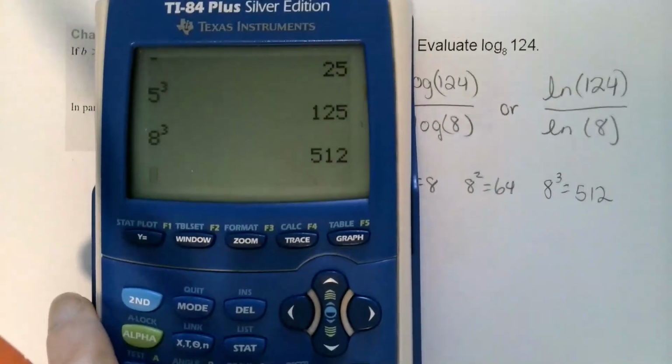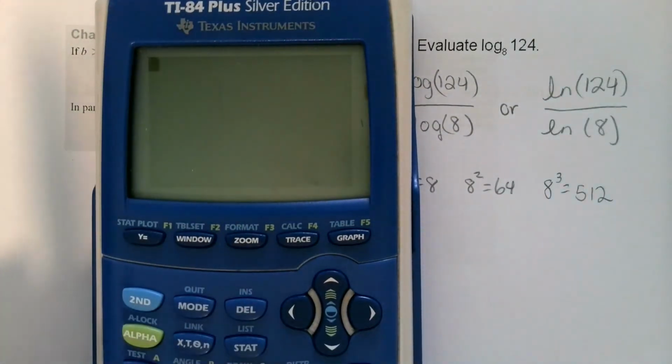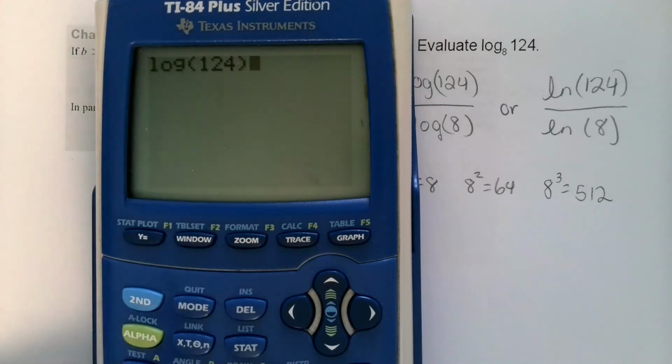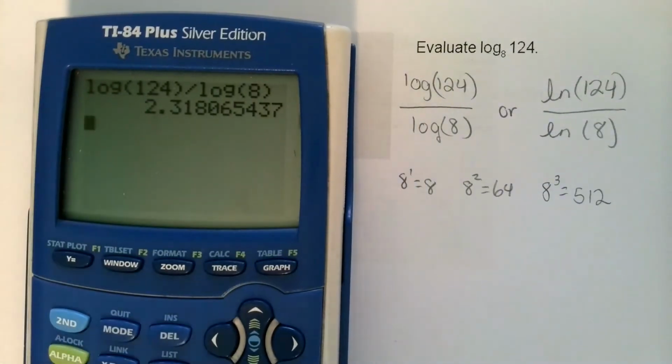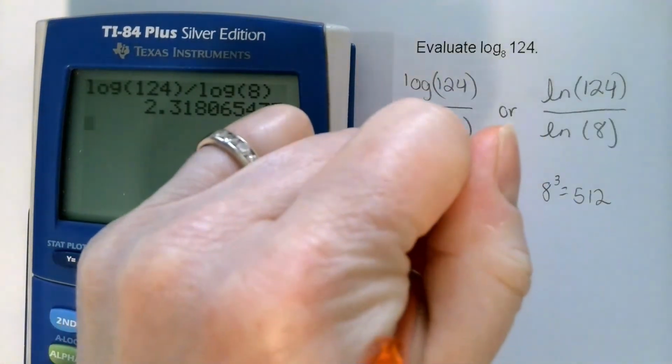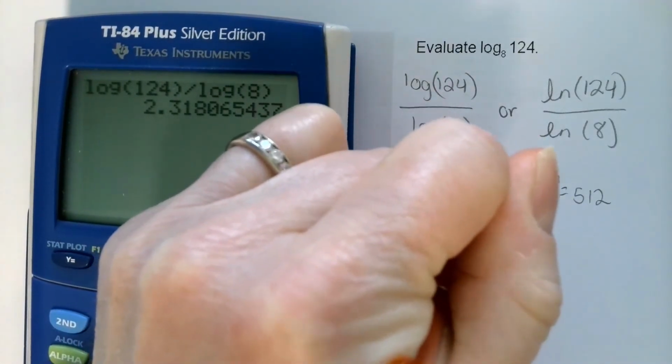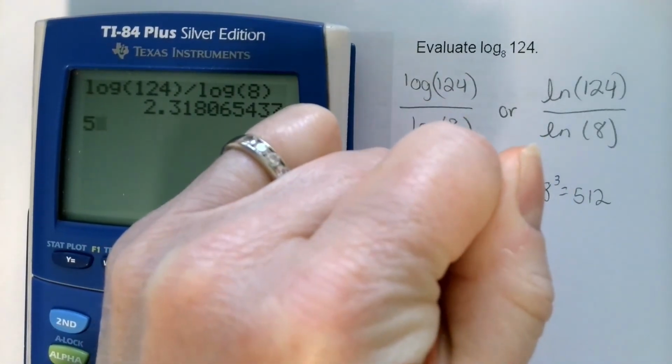So I could put that in my calculator. Log of 124, close parentheses, divided by log of 8, close the parentheses. And that gives me a value of 2.318, about.